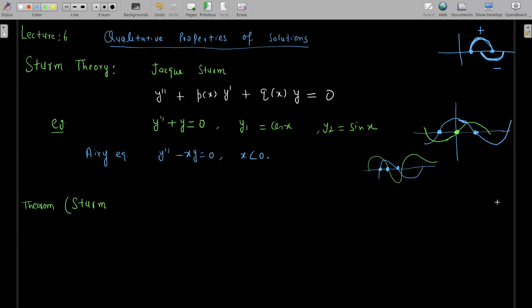So you can say something about its derivative: if f is increasing, then f dash x will be positive. These are basic properties of functions, and these results are based on those properties. So the first theorem in this direction is the Sturm separation theorem.